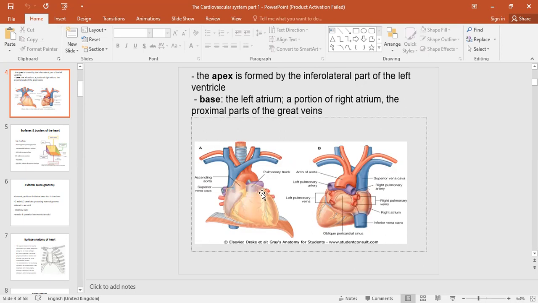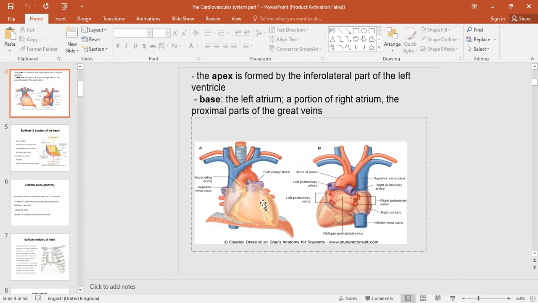Then it gives off so many branches. The veins accompanying those branches of the coronary arteries have different names. Here we have the small cardiac vein accompanying the marginal artery. As the right coronary artery comes here, it sends a branch known as the marginal artery.